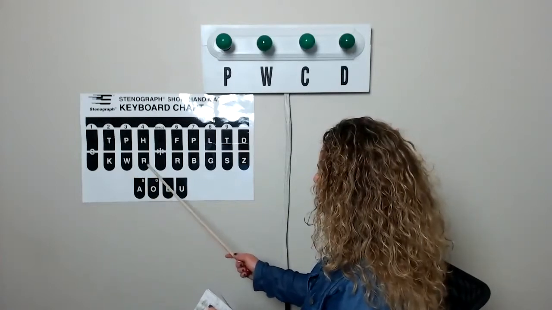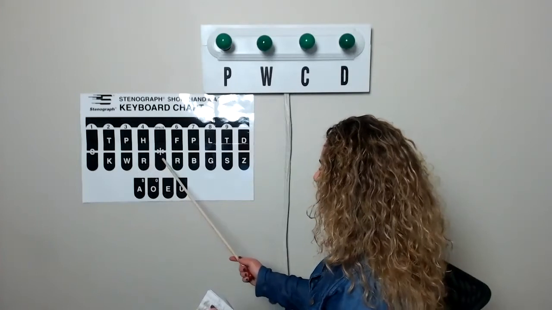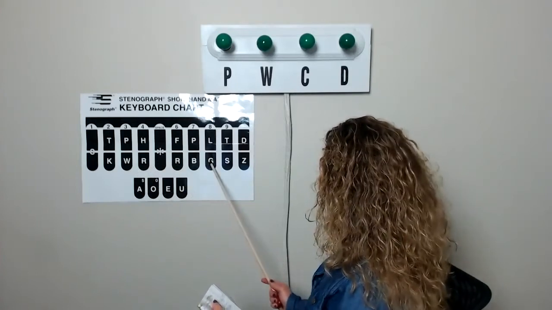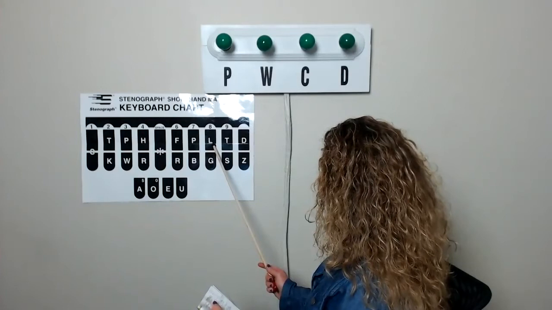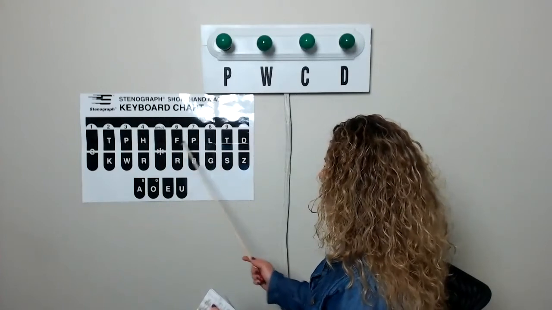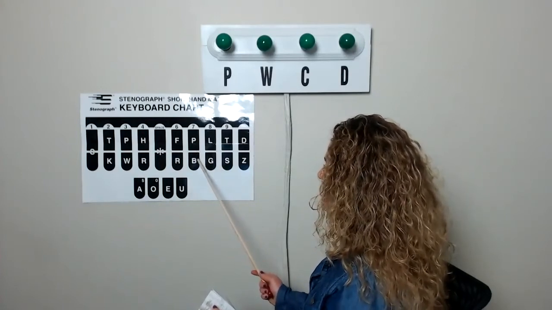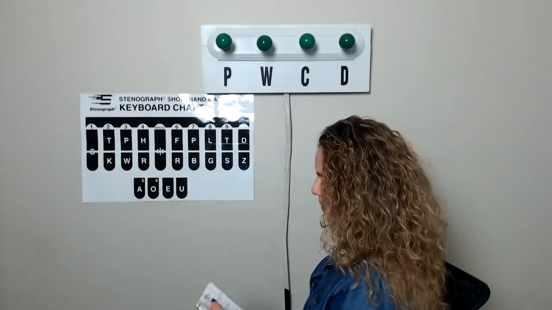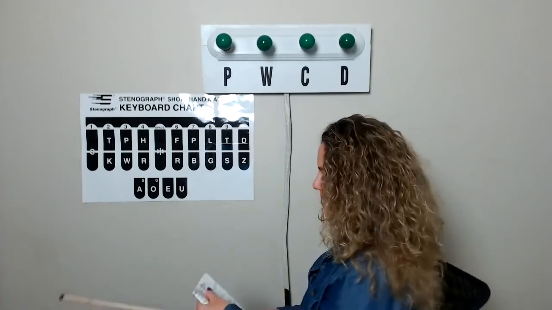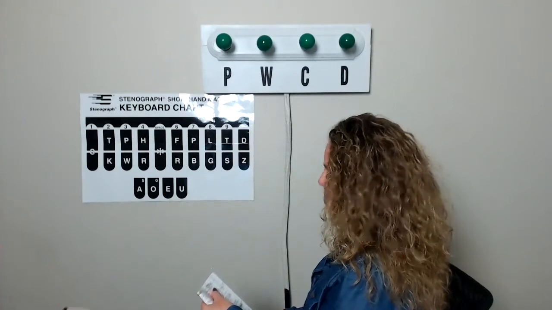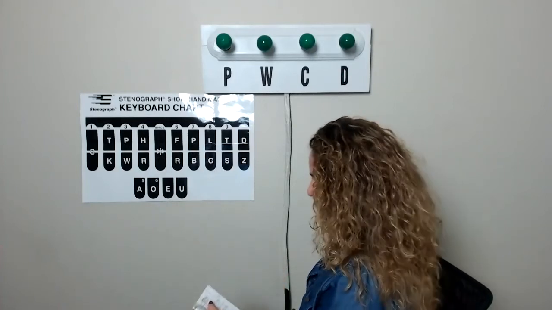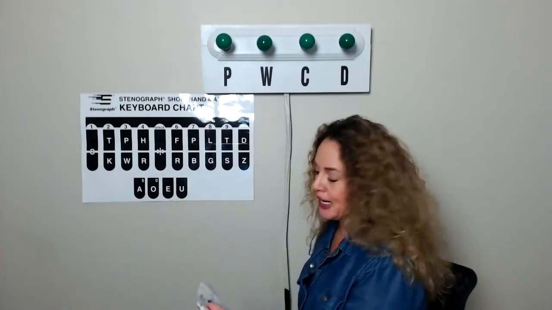That's going to be written as W-R-I, short I with the flag, N-K, come back for final L. And again, we're flagging it so it looks like we read it as unk, wrinkle, the N-K sound, as opposed to N-G sound. So it doesn't look like ring.